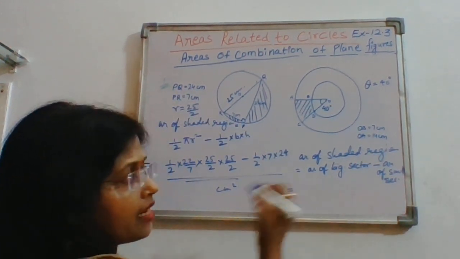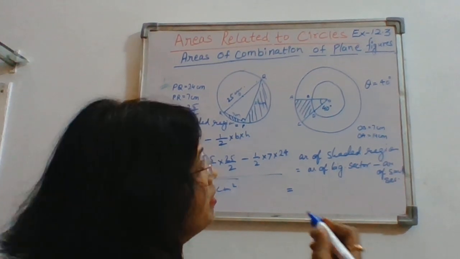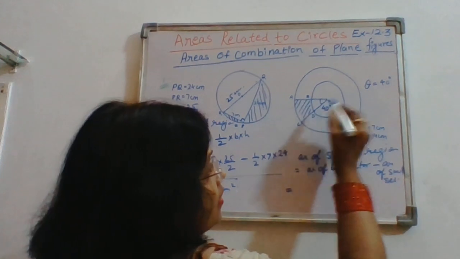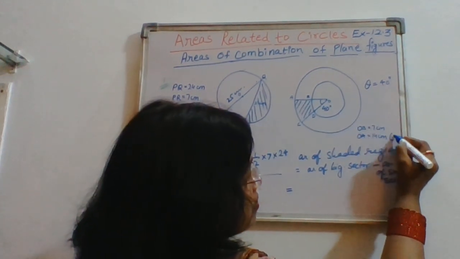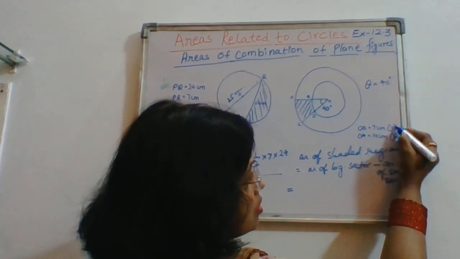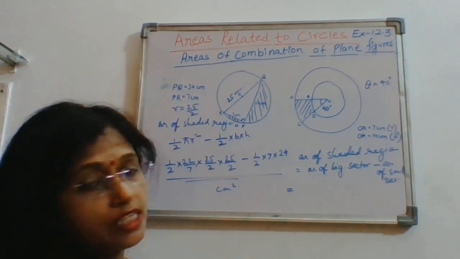And what will be the area of the bigger sector? It will be theta upon 360 into pi r square. Here the capital R is 14, bigger radius, and the small r, that is the small radius, is 7 centimeter.